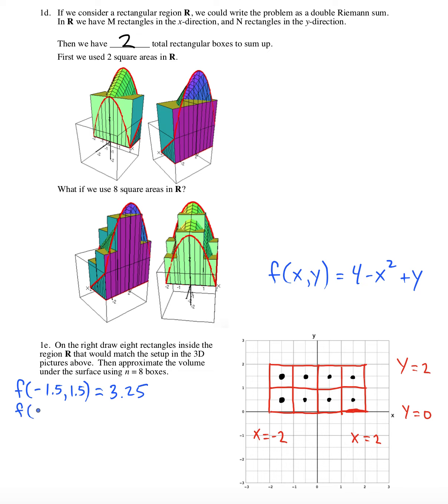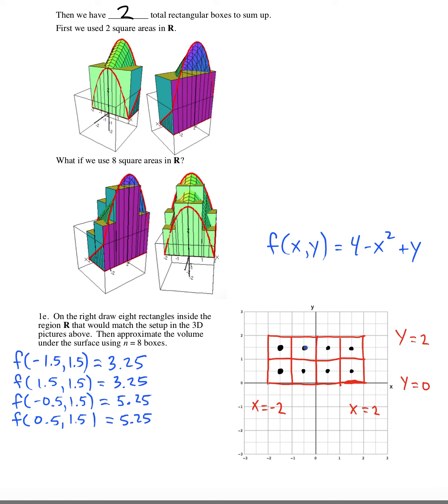Now by symmetry, this one's going to have the same height. Now let's try f of -0.5 comma 1.5. 5.25. So that takes care of the top row.